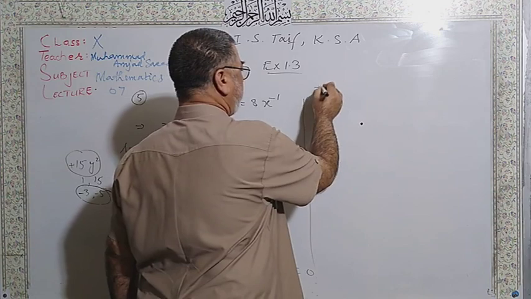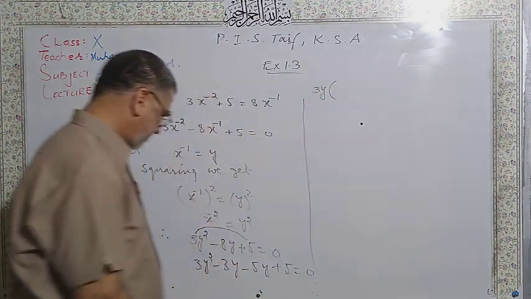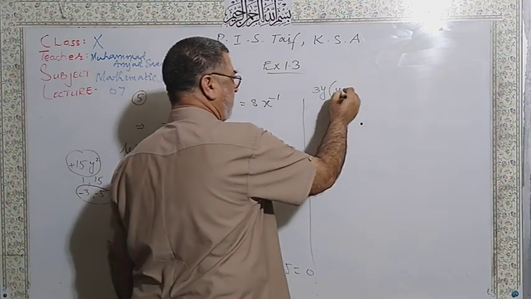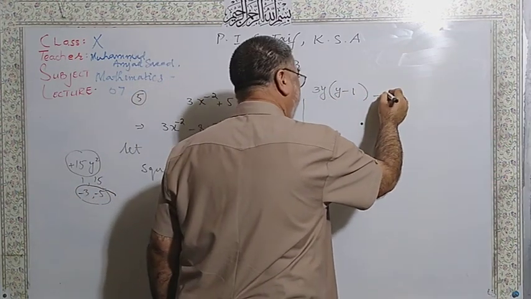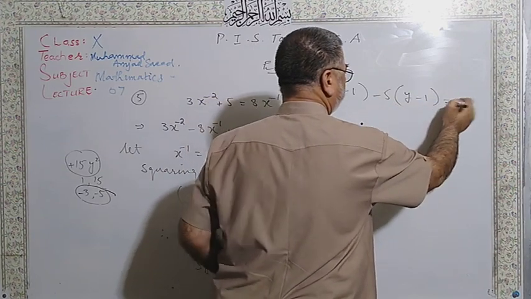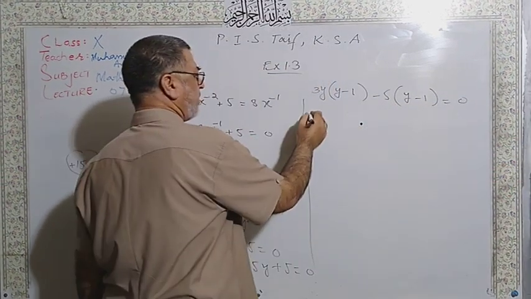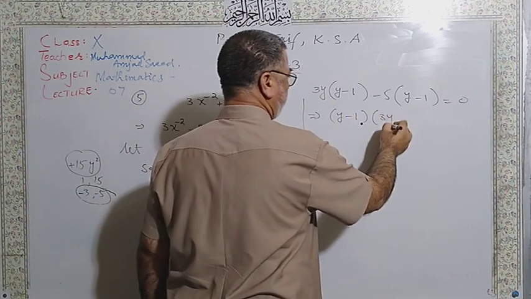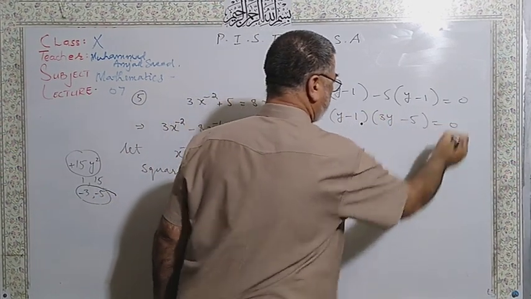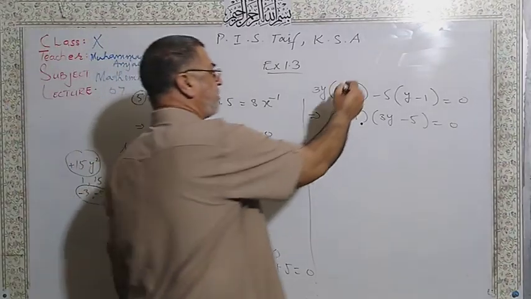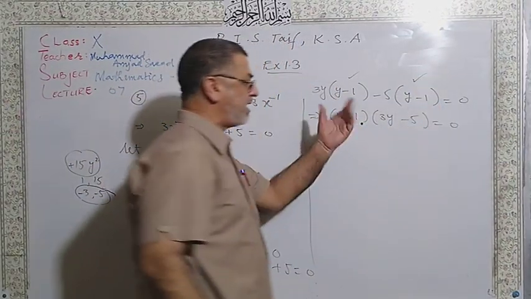Here you can take 3y common from the first two terms, that is 3y(y - 1), and then take minus 5 common, -5(y - 1) = 0. This implies (y - 1)(3y - 5) = 0, because in both terms we have the bracket y - 1 common.